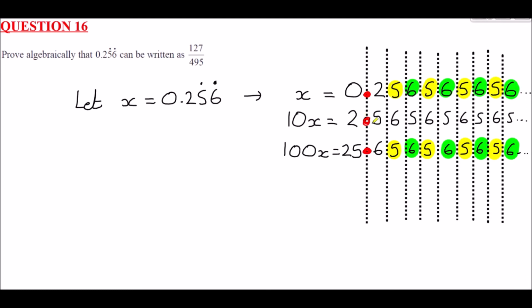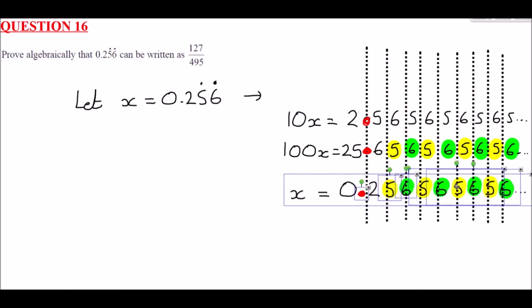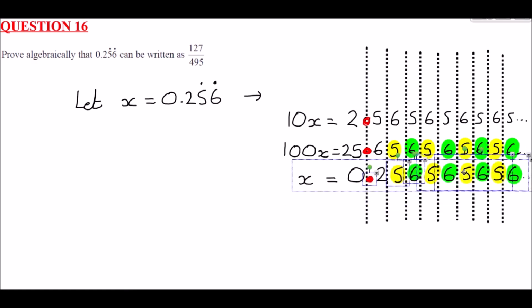So now what we can do is one subtract the other. What I'm going to do now is take 100x and subtract 1x from this. So if I were to do that, just move this x down here like so.